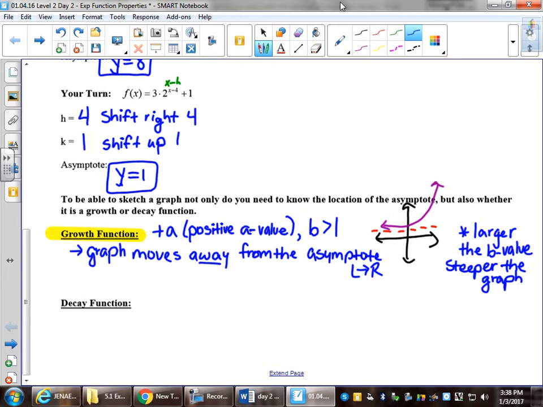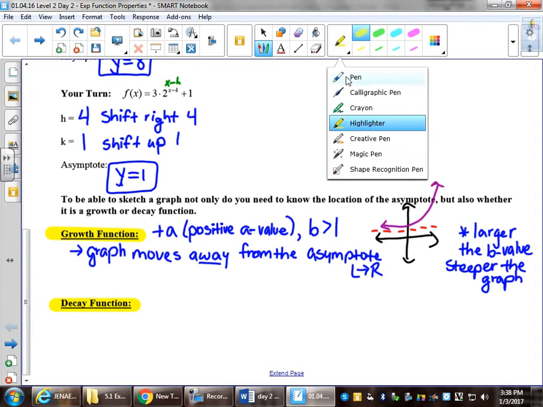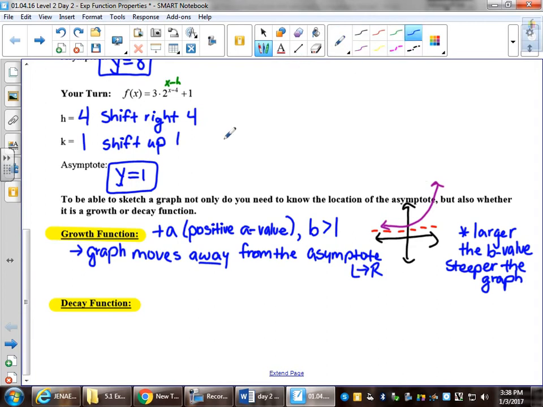We've talked growth. Now let's talk decay. Let's highlight the title. We still have a positive a value for decay. But now b is going to be between 0 and 1.